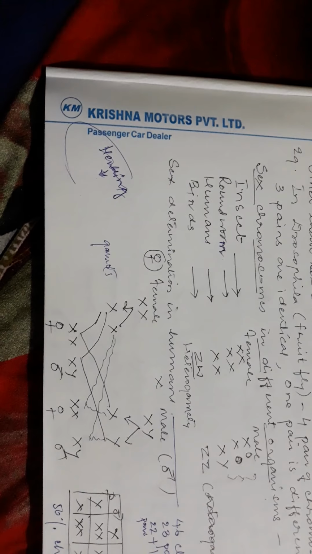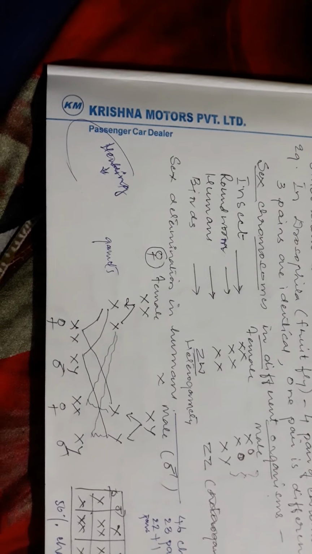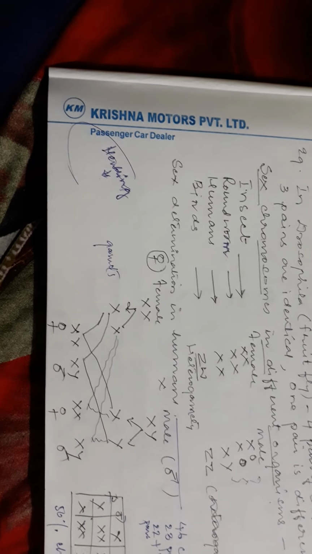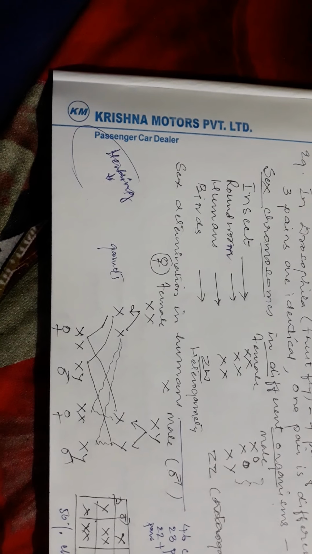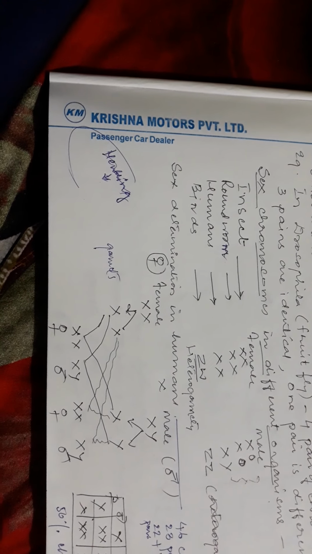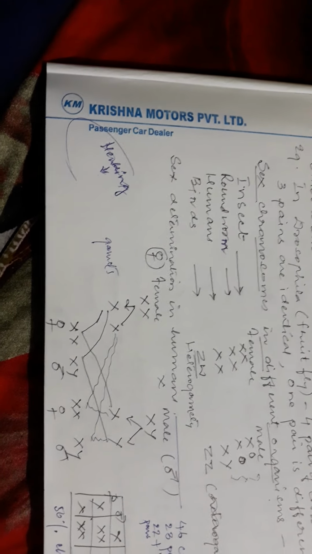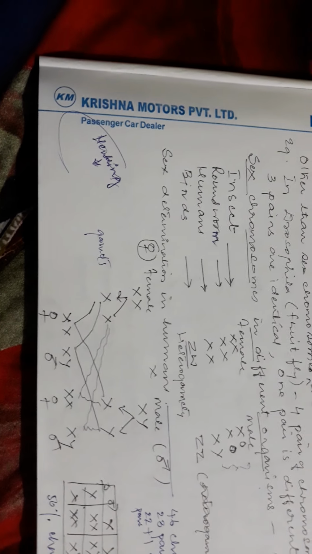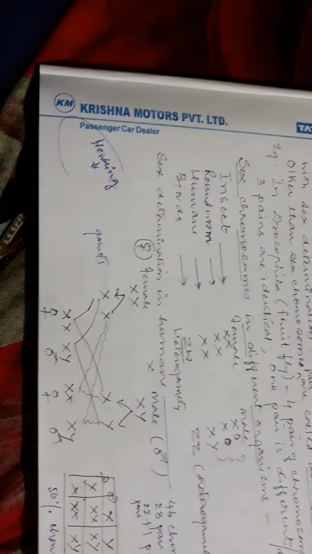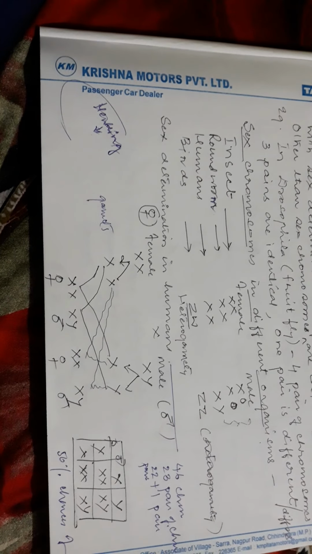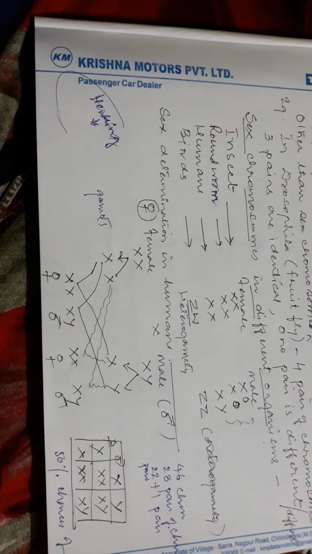Roundworm also has X0 chromosomes. Humans have XY chromosomes. Birds have ZZ chromosomes in males, and in females it is ZW, which is showing different chromosomes, that is heterogamety.